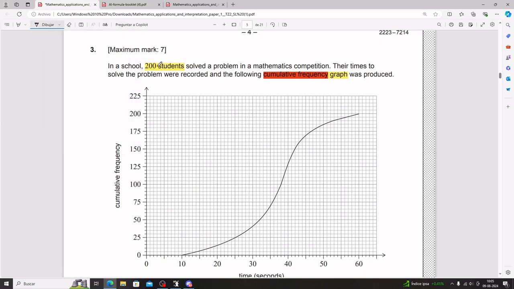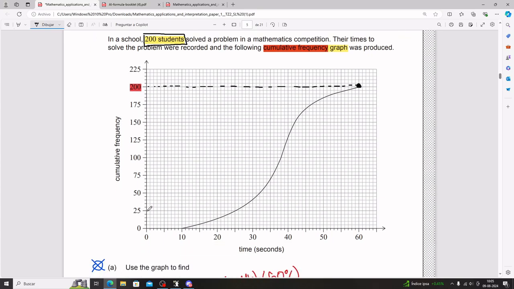And so here they say it's 200 students, right? And so where are the 200 students here? Right there. If you draw a straight line over there, you reach the end of your data. Look at that. And so you can actually count each student. You can literally say, student number 25, how much time did he take to solve this problem in a mathematics competition?